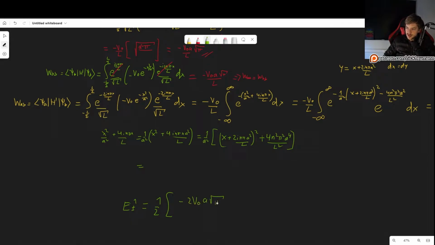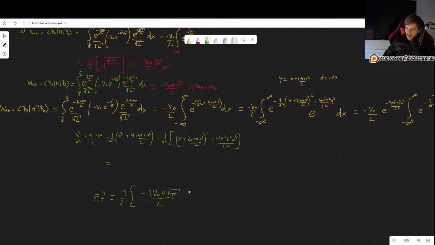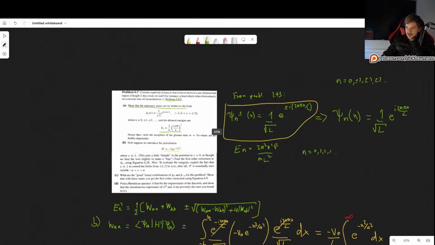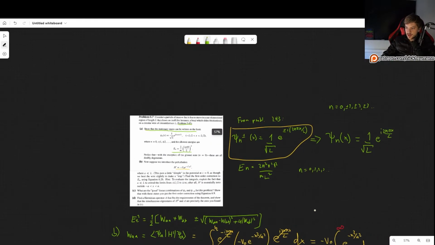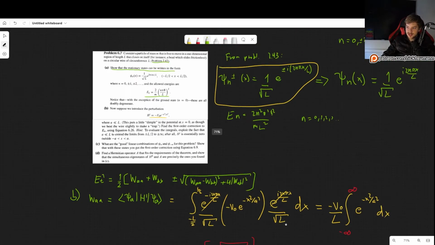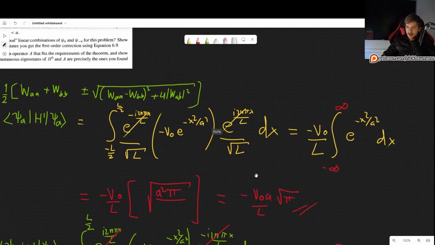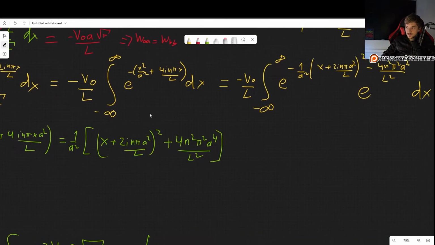This is WAA plus WBB. And then we have to take plus or minus the square root of, and what is inside of the square root is WAA minus WBB. But they are the same, so that term cancels out. So instead we get 2 times, right, because the square root of 4 is 2, and we get the modulus of WAB. So we get plus or minus.